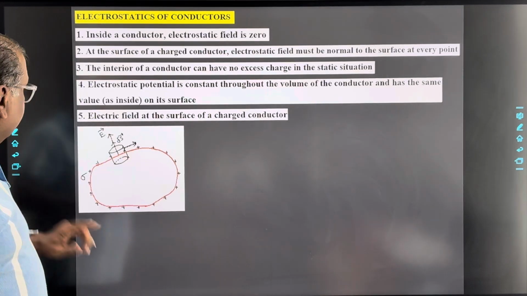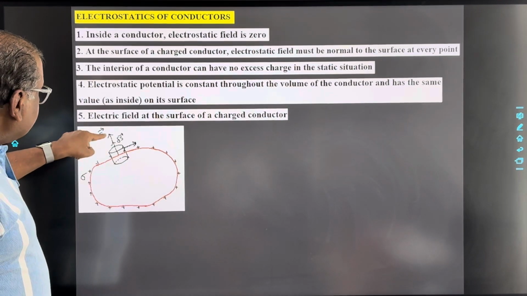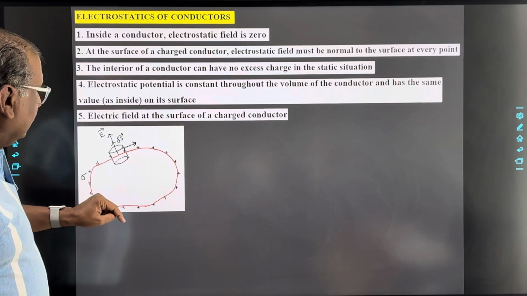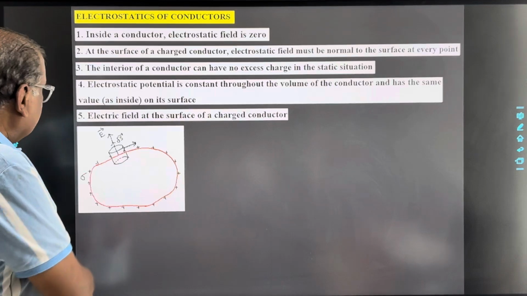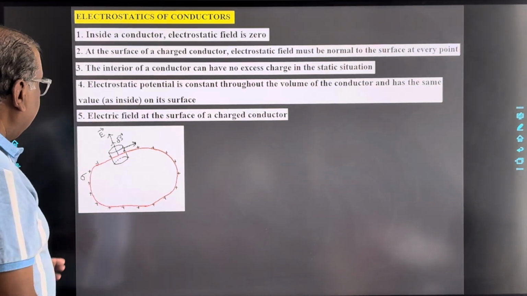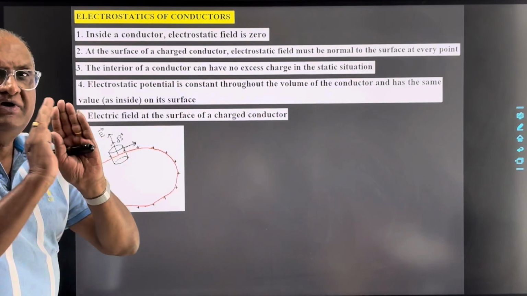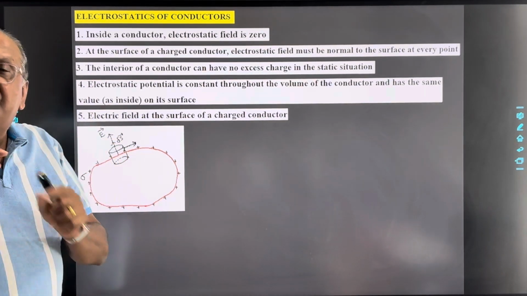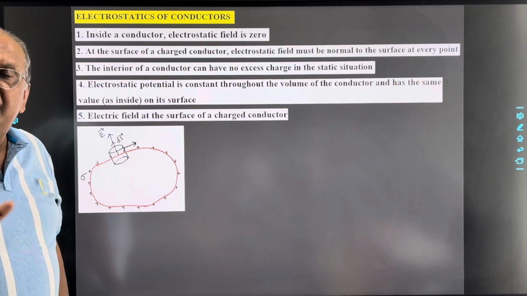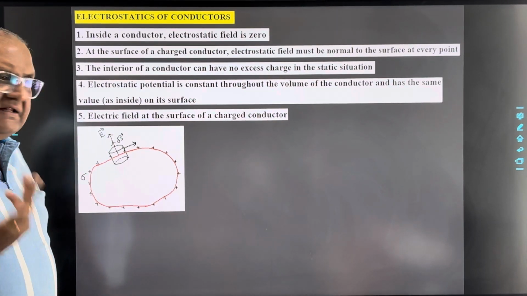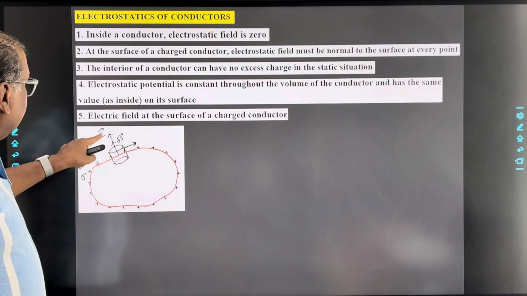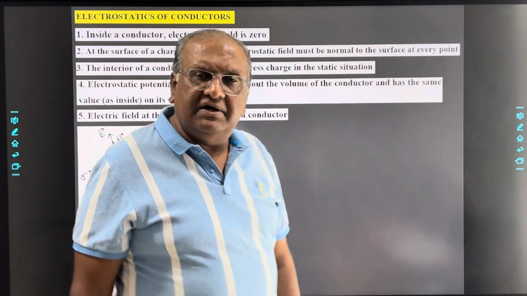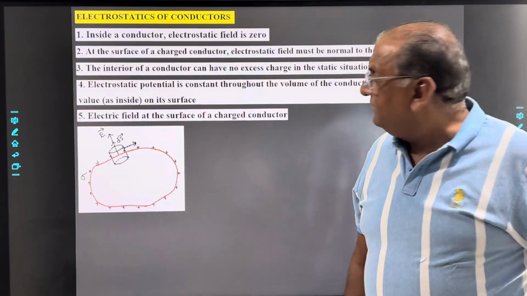So for the curved cylindrical surface of this pillbox, the flux associated with it will be equal to 0, or in other words, the electric field and the area vector are perpendicular to each other, so the flux passing through it is 0.